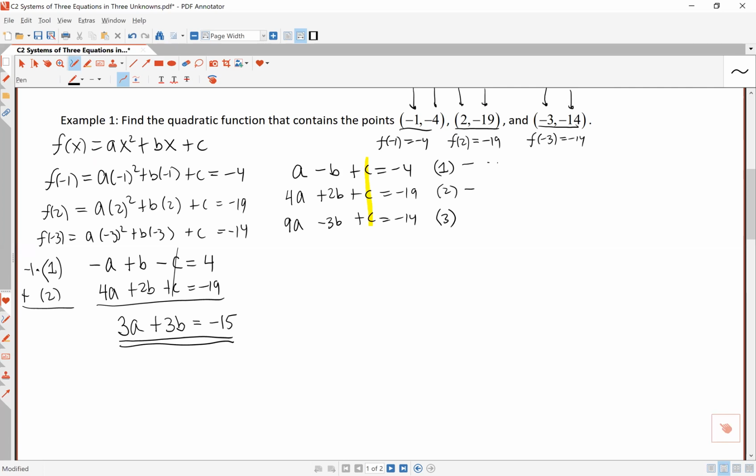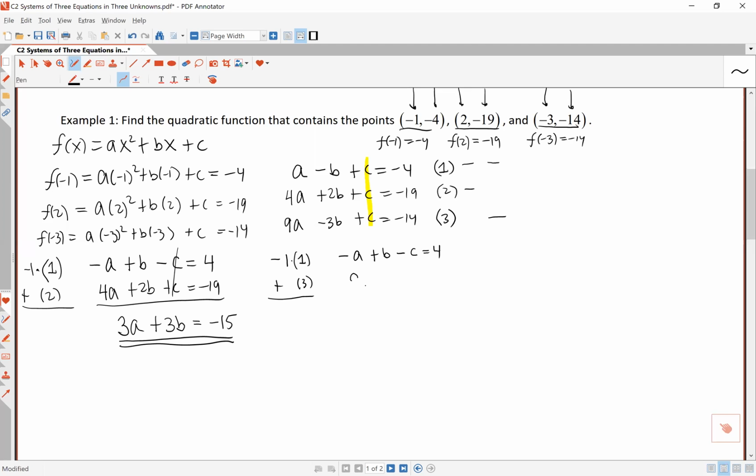Now I can use equations 1 and 3 to eliminate c. They still all have plus c's on them, so I'll do the same thing as before and do negative 1 times equation 1 and add that to equation 3 this time. The opposite of equation 1 is negative a plus b minus c equals 4.